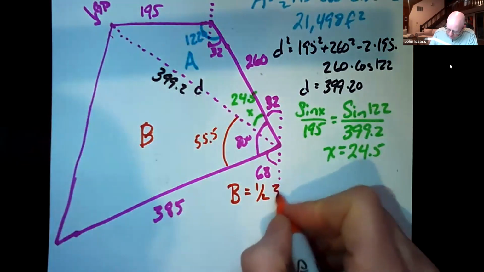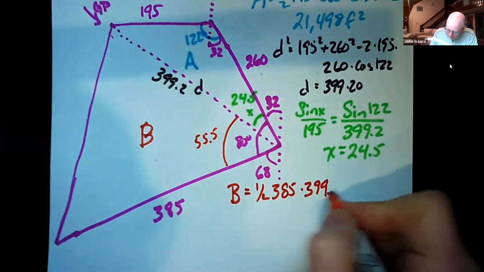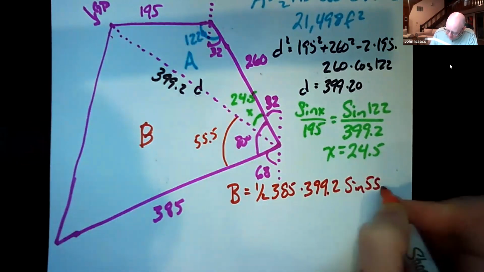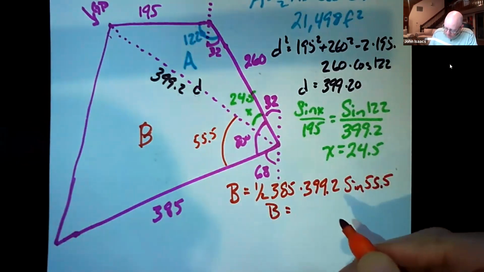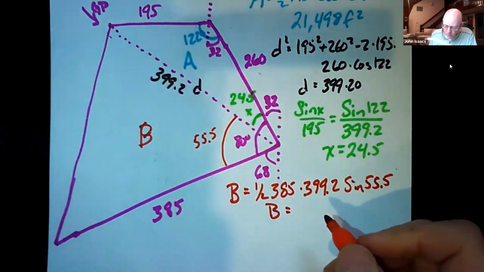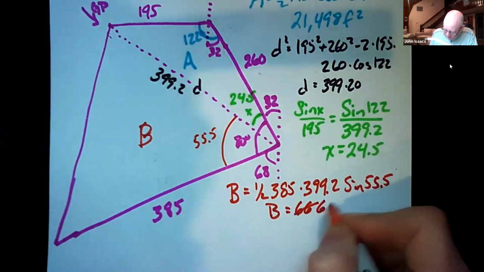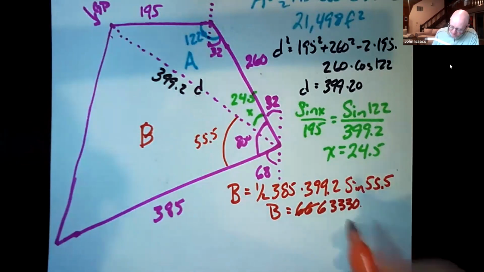We have 385 times 399.2 times sine of 55.5. And B winds up equaling, when you do that calculation, 63,330.8. We'll just call it 63,330.